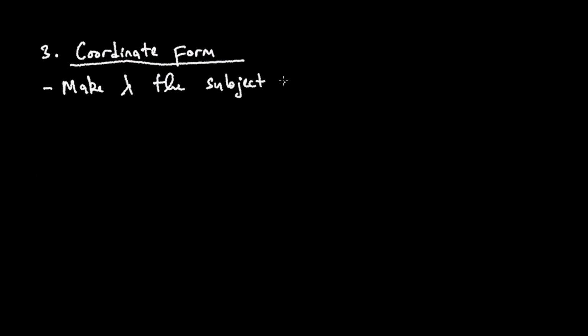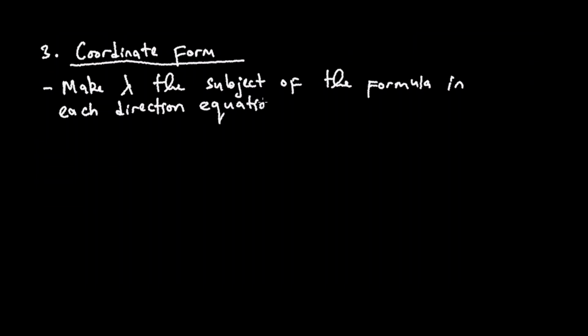remember the coordinate form, it was saying x, y, z. So how do we do it now in vector 2? This form is given by making lambda the subject of the formula in each direction equation. So what do we mean here?